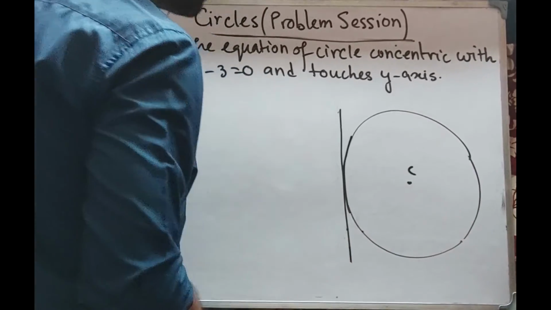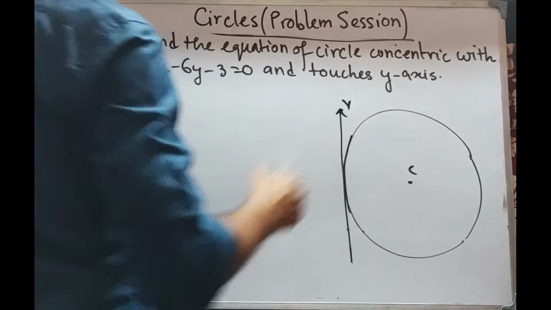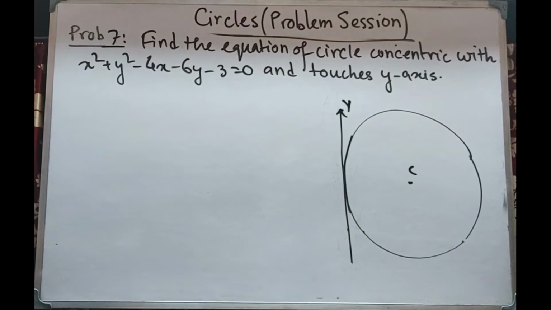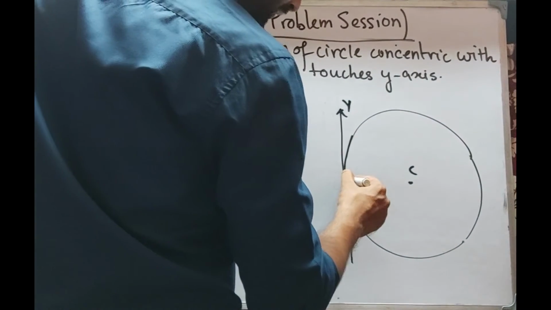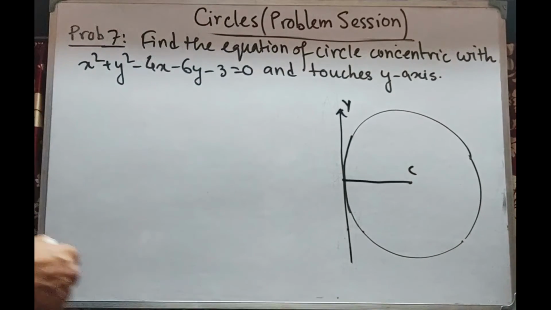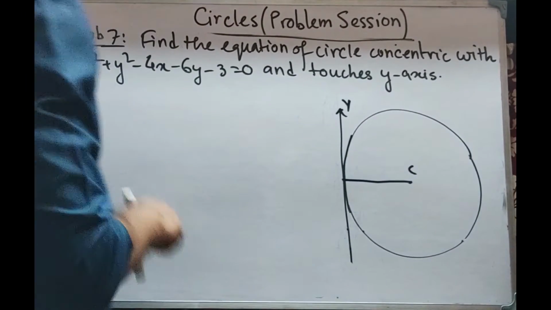This picture is enough. This is actually your y-axis. So see one thing. Wherever the x-axis is, if you draw a perpendicular from the point C on the y-axis, then this will be the radius of the circle.